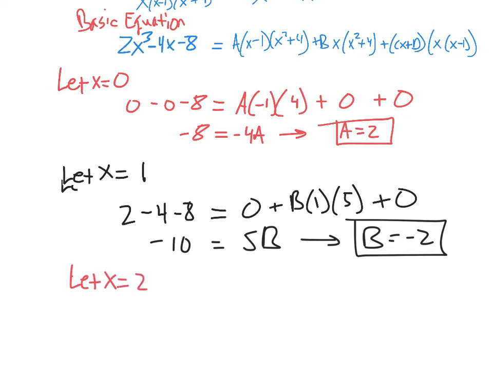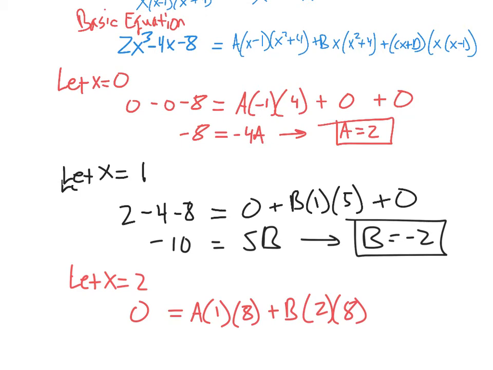And that basic equation becomes, plug in 2 here. We get 2 times 8 minus 8 minus 8. Well, that's nice. That's 0. And then we get a times 1 times 8 plus b times 2, x is 2, times 8. By the way, we're just using these terms up there.